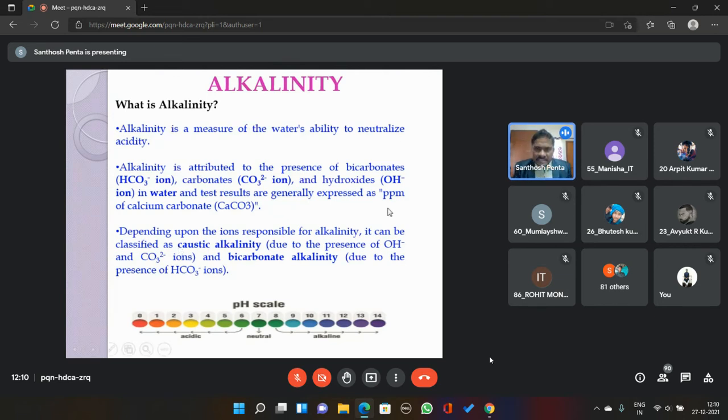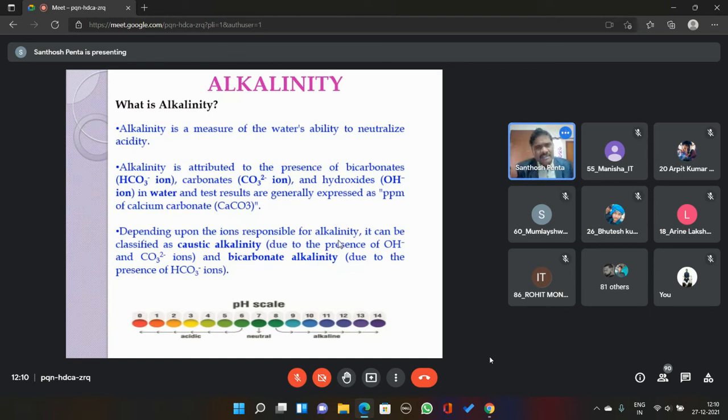See here with this slide. Once again I am concluding: what is alkalinity? Alkalinity is the ability of water sample to neutralize the acid. Why neutralize the acid?